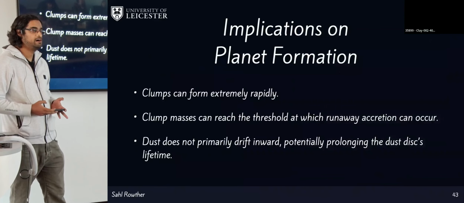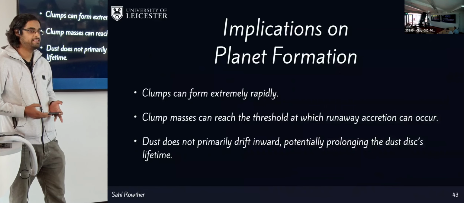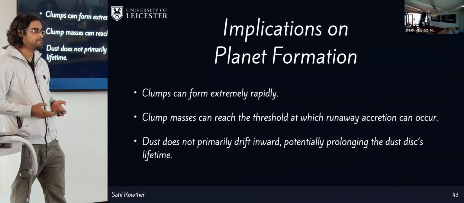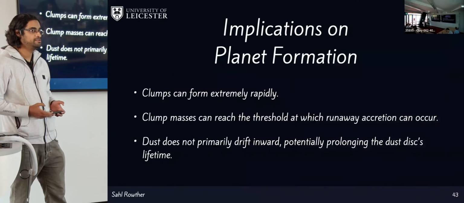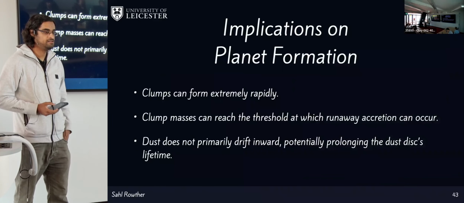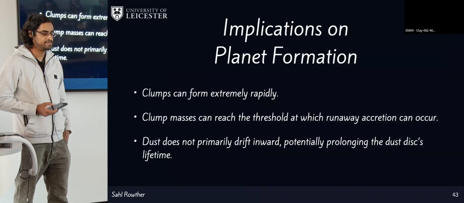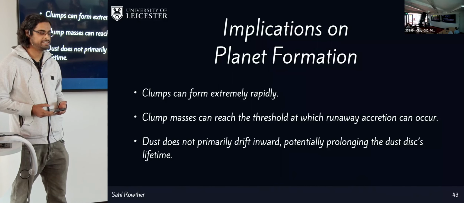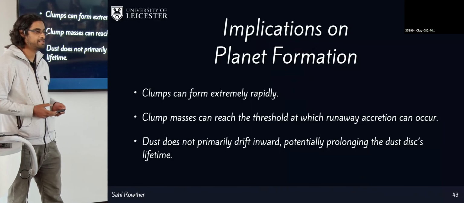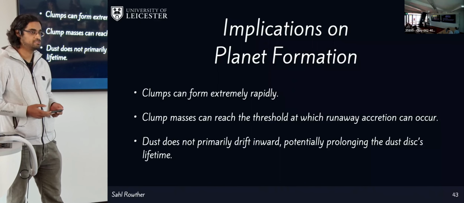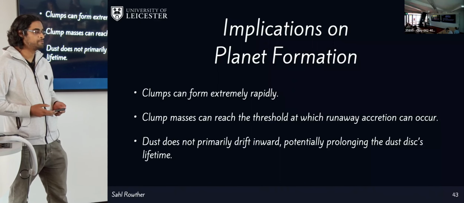So the implications for planet formation, as I mentioned, are that it can create clumps of between 1 to 28 Earth masses extremely fast, in half an orbit, which can then undergo runaway accretion to form giant planets at a time scale that could potentially explain some of the very young disks with ring and gap structure that could be from planets.